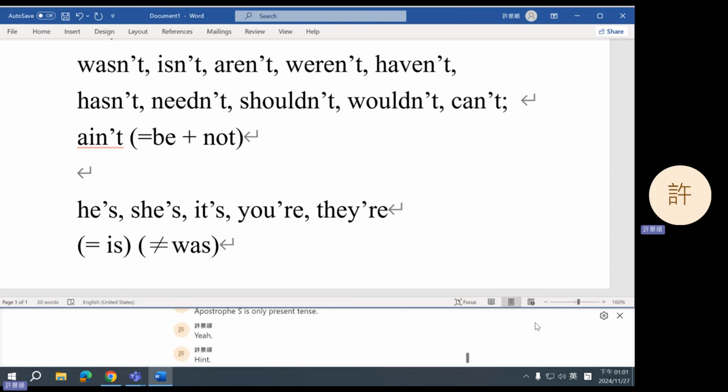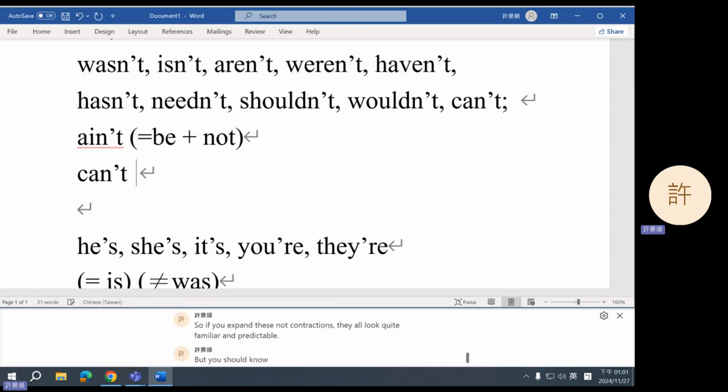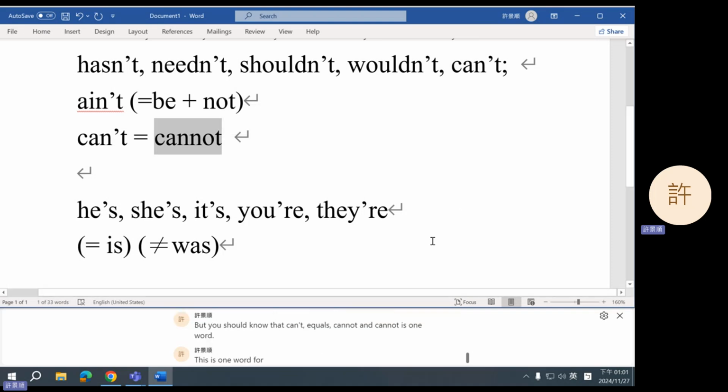So if you expand these not contractions, they all look quite familiar and predictable. But you should know that can't equals cannot, and cannot is one word. For some strange reason, because English is weird, cannot is one word.